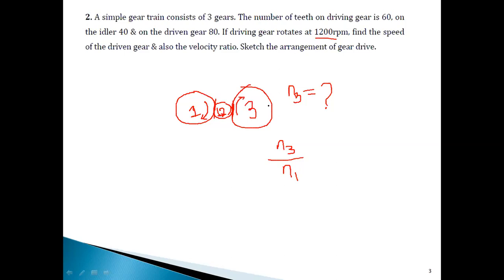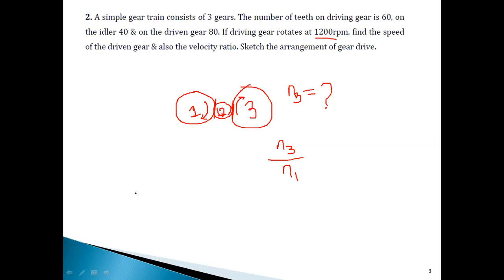So always keep in mind, if the direction of the gears is not given in your question, you can assume the direction for the driver gear and then go on setting the directions for the other gears. In this question, I have assumed that the driver gear rotates clockwise, the idler gear turns anti-clockwise, and the driven gear again turns clockwise.